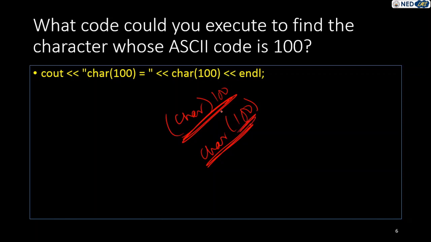So 100 is an integer that would be taken as a character. I'm not sure what character the ASCII code 100 represents, maybe some small character from a, b, c, d. You can just find out within the ASCII table. Essentially the effects of both of these are the same, but the slight difference is that one is actually typecasting and the other is constructing a character object with an initial value of 100. But the result would be the same over here.